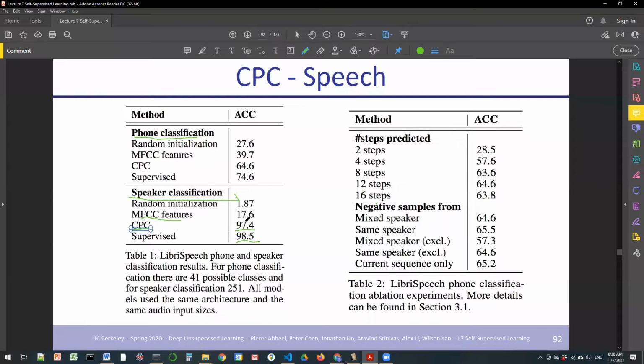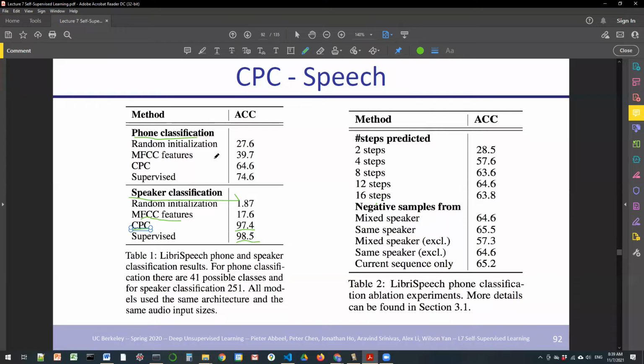approach to predicting identities of speakers from the audio signals, you begin to see why the CPC method of saying, hey, I want to push the embeddings of the positive examples closer and the negative examples far apart works. That simple setup gets you very close to what supervised learning is able to do with respect to speaker classification.